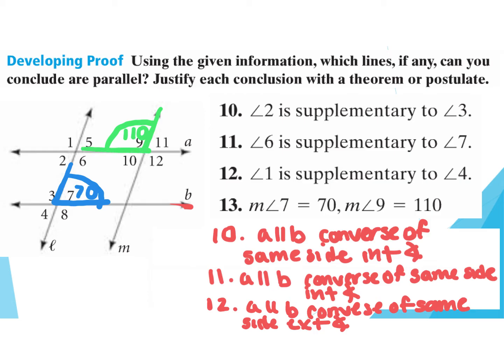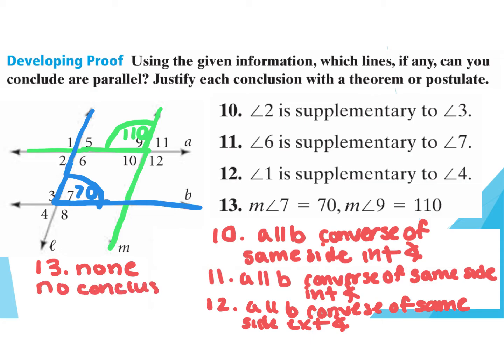Now if I were to cross these completely, they don't have a line that runs into each other. They're two totally separate lines. So as a result, you can't actually make any conclusions because I don't have a transversal. So as our answer for 13, your answer would be none or no conclusion because there's no transversal.